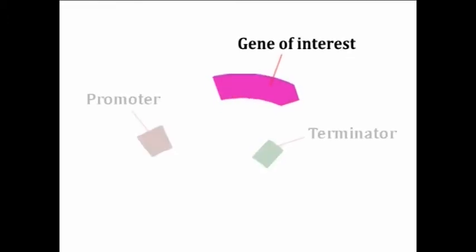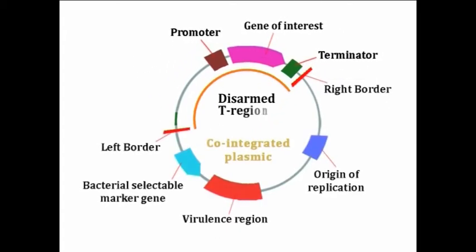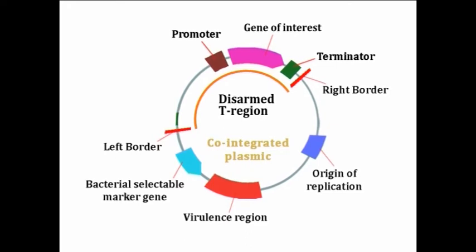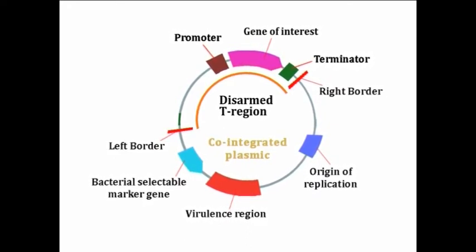The vector used for Agrobacterium-mediated gene transfer can be either a co-integrate or binary vector. The gene of interest is inserted into the T-DNA region of the vector and the recombinant vector is placed in the Agrobacterium.